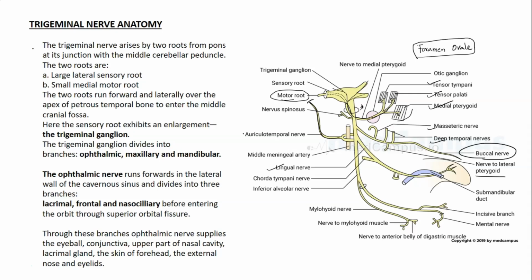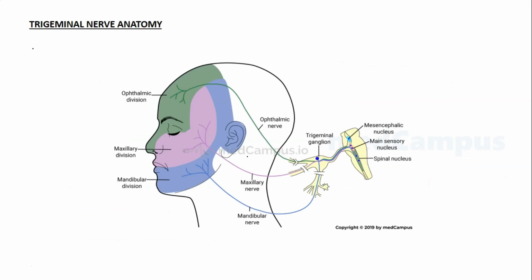Damage to the auriculotemporal nerve of the trigeminal nerve, cranial nerve 5, leads to Frey's syndrome, which is a recent question. It gives rise to chorda tympani, inferior alveolar, and the nerve to mylohyoid muscle, all these things. So the general discussion is done overall, on how to remember all the divisions.